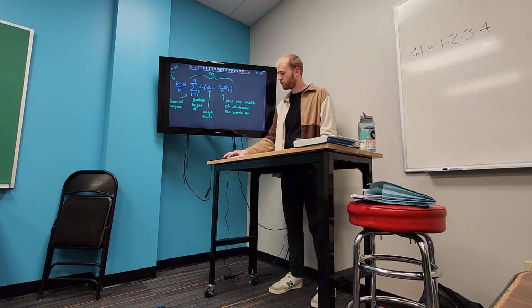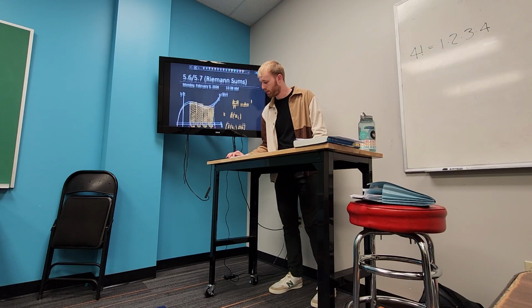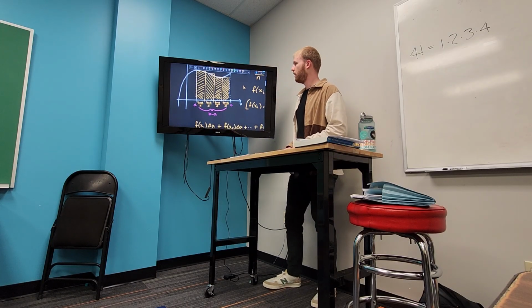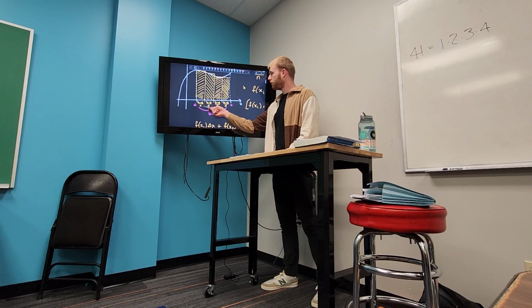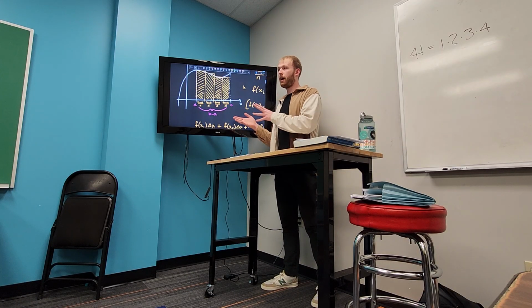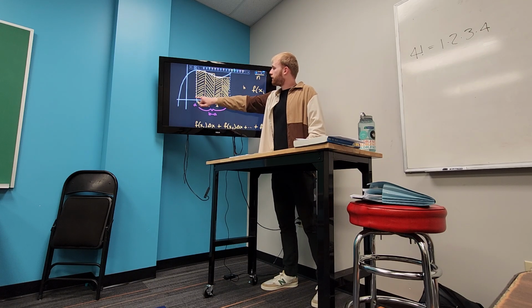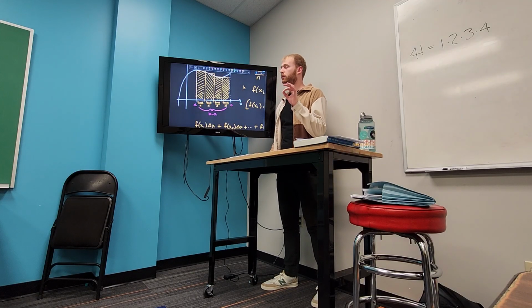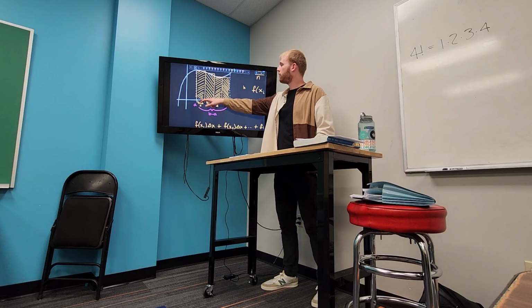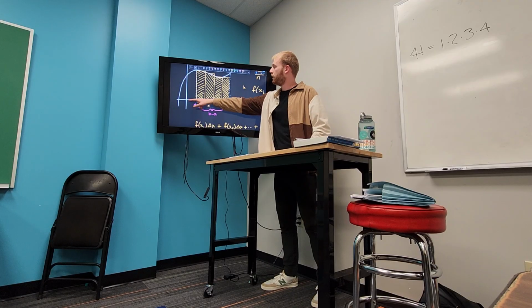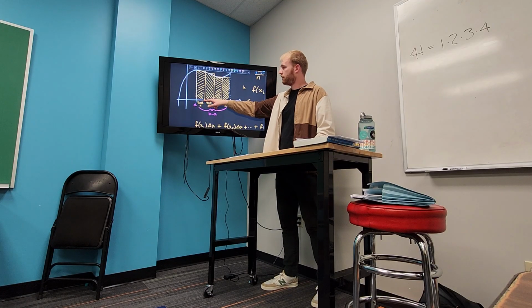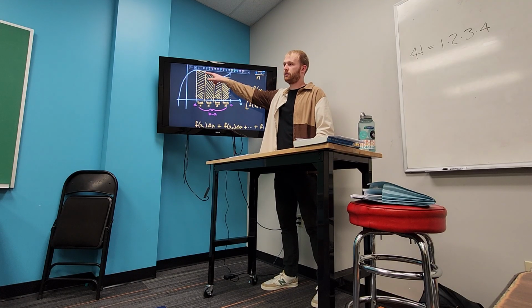Okay, so visually, if I go back up to here and you have the Riemann sum in front of you, this is what we're doing. We're saying the base of the rectangle times the height, which would be f of a, and times whatever rectangle we're at. Now, this is a right Riemann sum, so the right endpoint would be the one on the axis. So we would need f of a plus this distance to get that height.